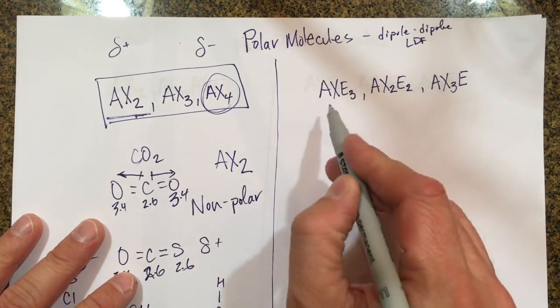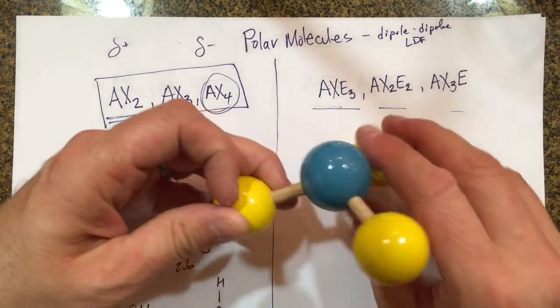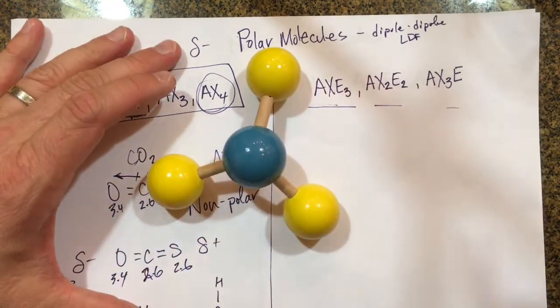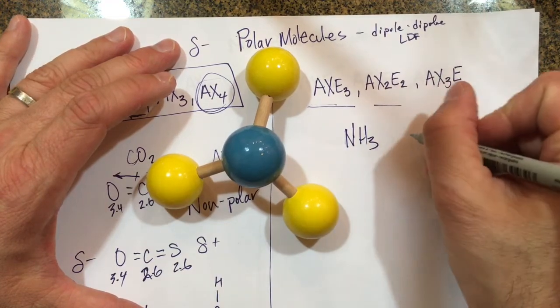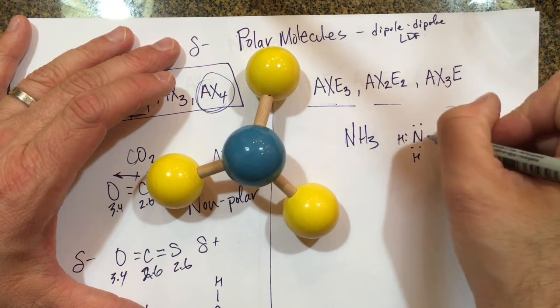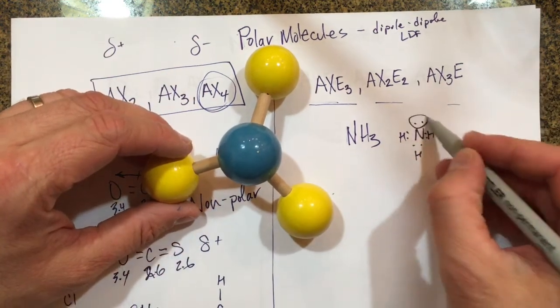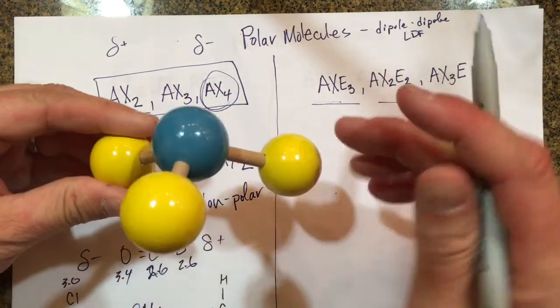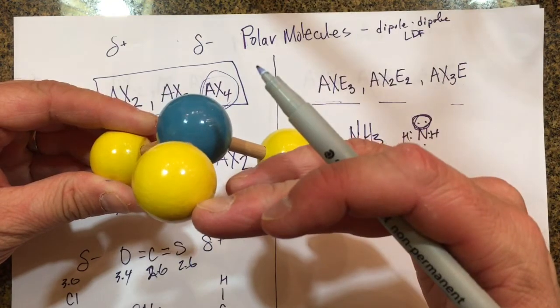But lone pairs make this different. Lone pairs give you a side, so this is NH3. And nitrogen has got a lone pair and it's bonded to 3 hydrogens. Because of this lone pair pushing this down, it's got a nitrogen side and then the hydrogen sides.